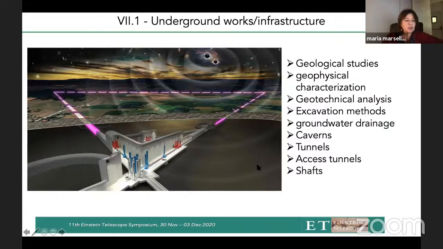Sorry. So the underground group will deal, of course, with all the works that are needed for the construction of the interferometer underground, meaning collecting information from the geological studies, geophysical studies, geotechnical analysis, and going deeper into the excavation methods that can be used, also facing the groundwater drainage problems, the geometry of the cavern, the tunnels and the access to the tunnels, and which different solutions can be found for the access.